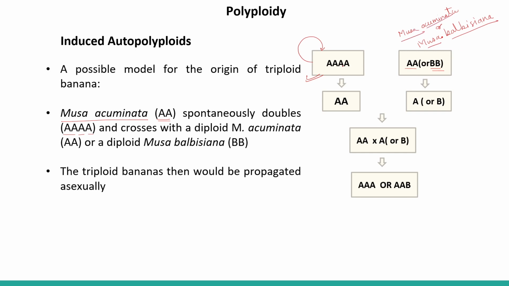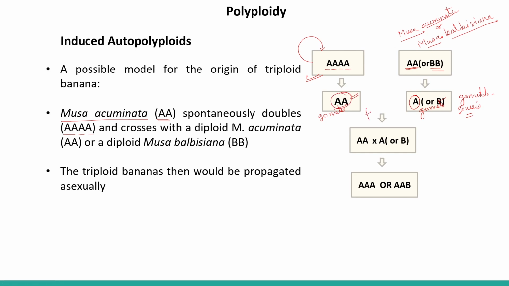From this, at the time of gamete formation, gametogenesis takes place, and these are the gametes. If it is A and A, then the gamete will be capital A, and if there is AAAA, then the gamete will be of capital A type.